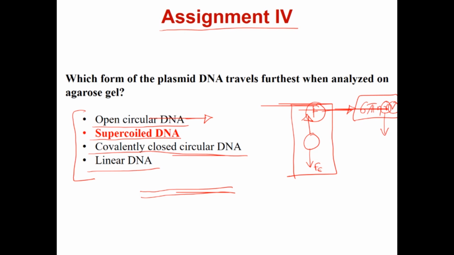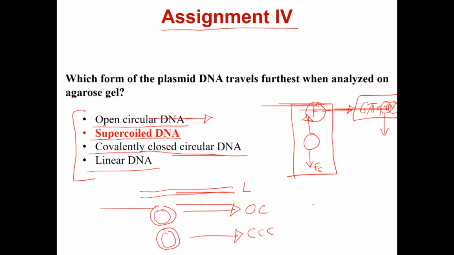Compared to that, you are going to have a lesser area or lesser diameter or radius for the open circular DNA. So this is for linear DNA, then you are going to have the open circular DNA, then the closed circular DNA, and then the DNA which is present in a supercoiled form.